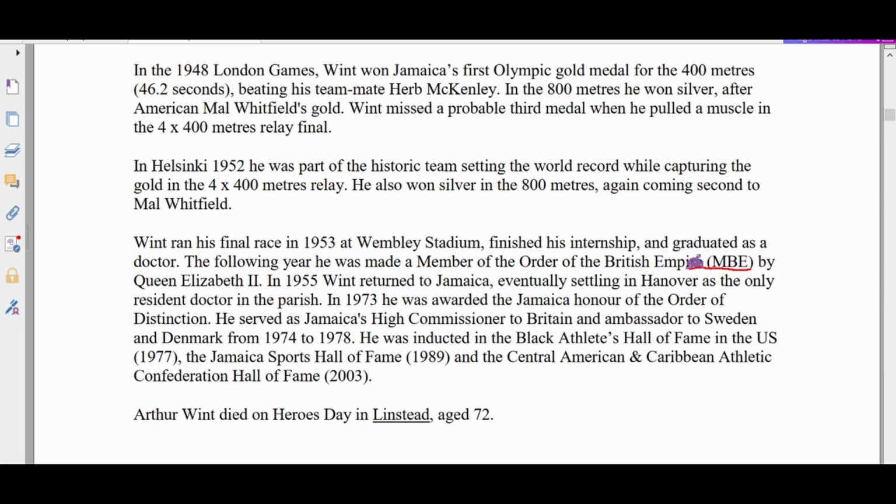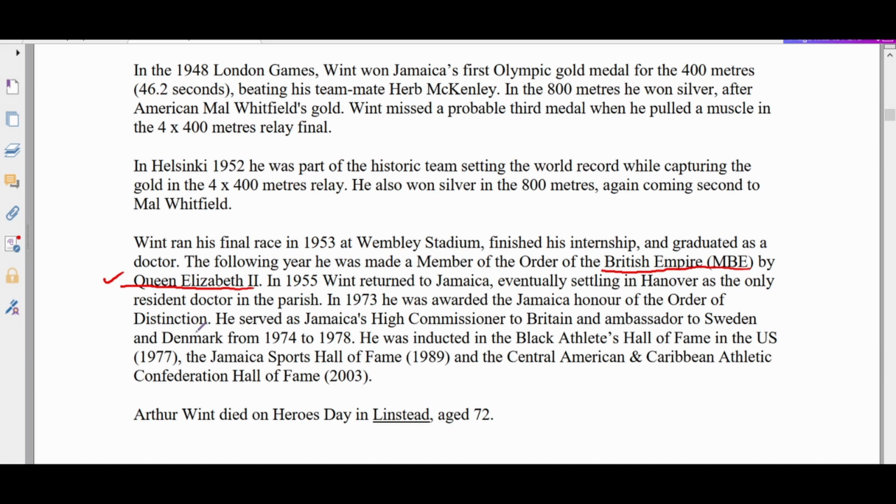Let me just make a little note here, because this is high recognition by the Queen herself. In 1955, Wint returned to Jamaica, eventually settling in Hanover as the only resident doctor in the parish. Can you imagine that? In 1973, he was awarded the Jamaica Honor of the Order of Distinction.